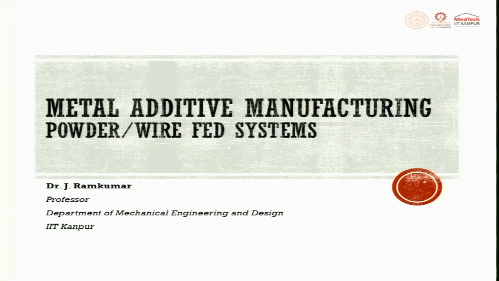The metal powder, when it is fed, the metal powder size will be approximately from 10 micron, it can go up to 60-70 micron. The biggest challenge of handling such powders will be the agglomeration. What is agglomeration?